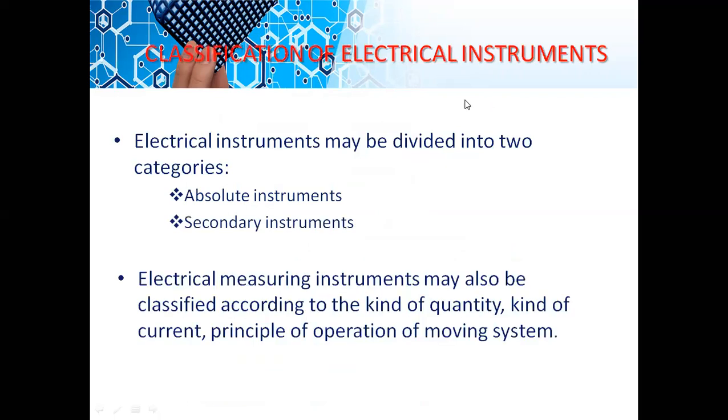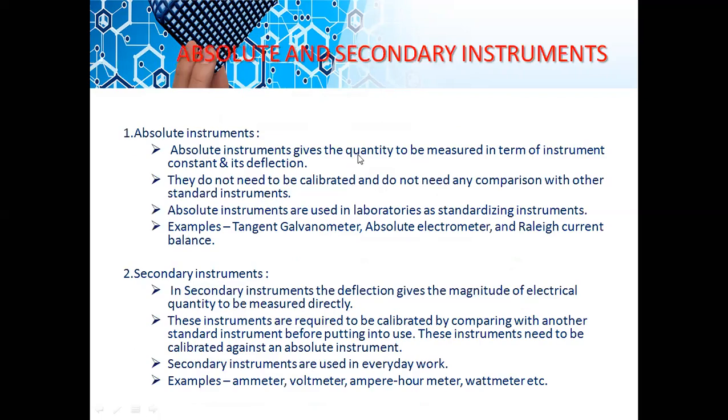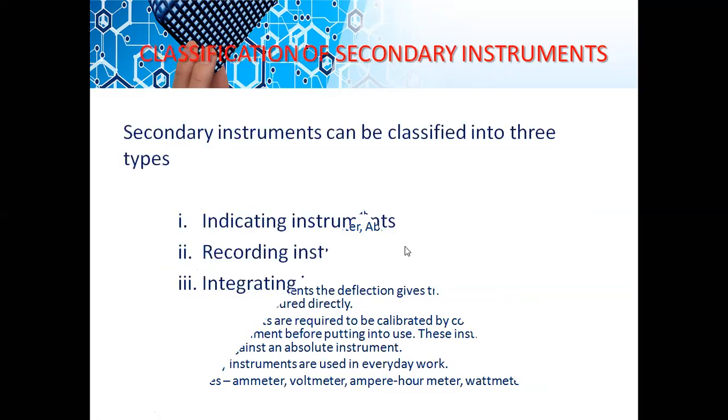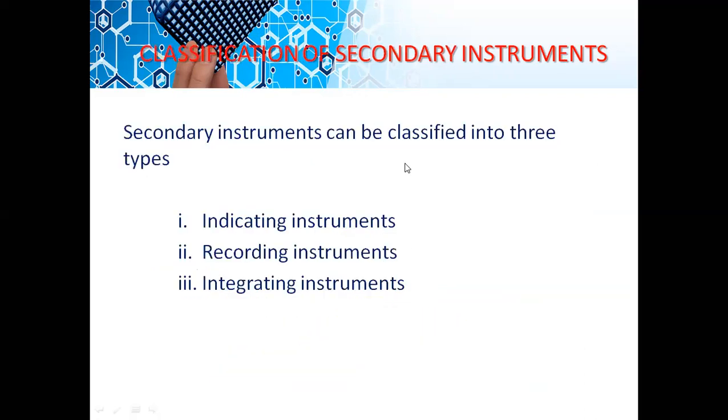And we have seen what is an absolute instrument, what is a secondary instrument, and we are able to distinguish absolute instruments with secondary instruments along with their examples. Then we have seen classification of secondary instruments. What are indicating type of instruments? What are recording type instruments? What are integrating type instruments?